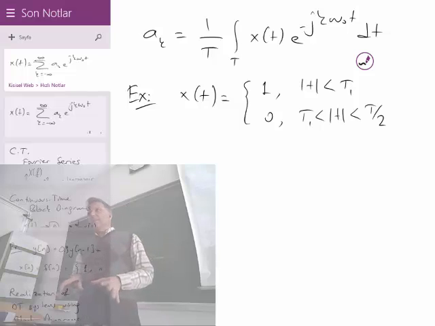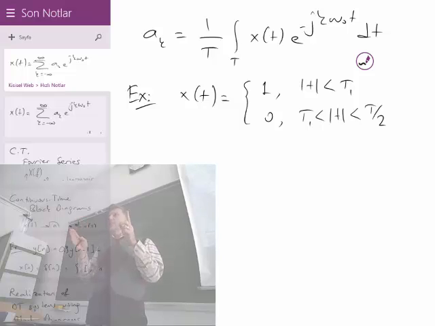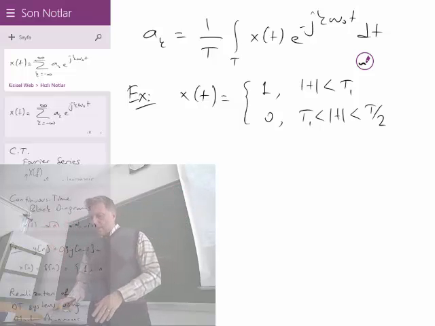You may find this representation a bit complicated, but capital T1 is in the center. The duration from minus capital T1 to plus capital T1, it is 1. And the overall period is capital T, which is larger than twice capital T1, of course.